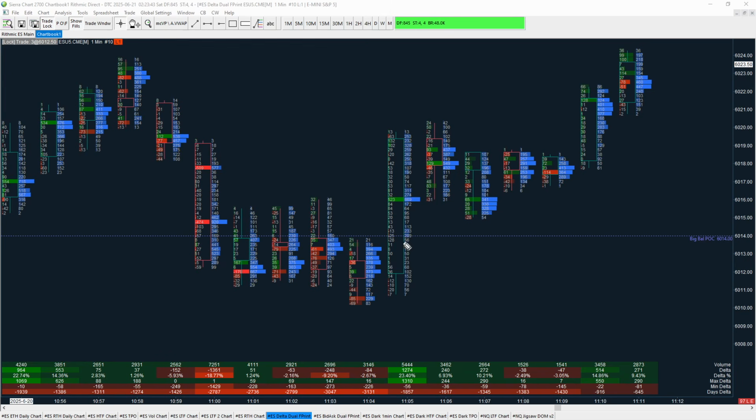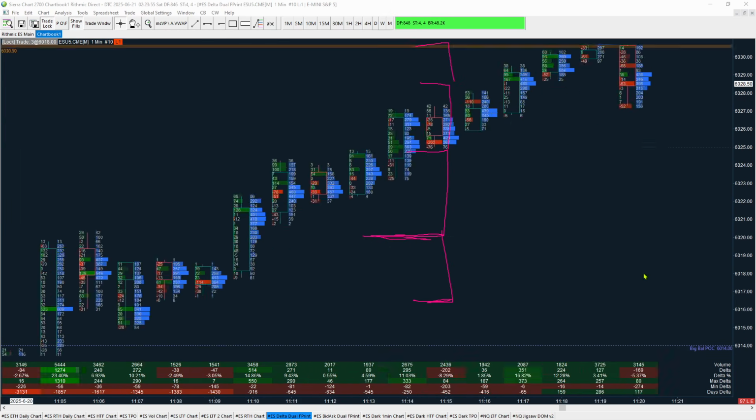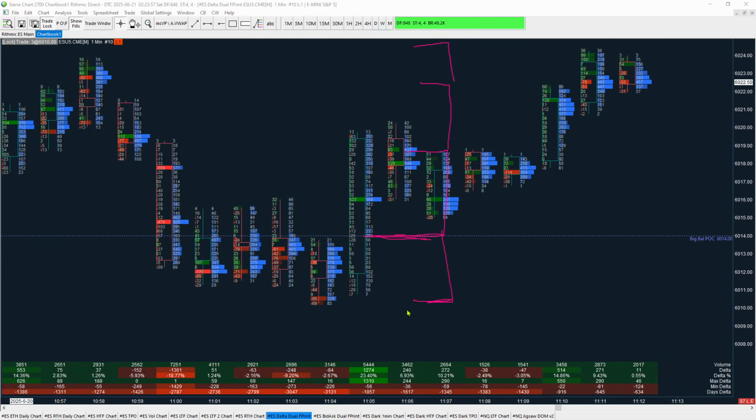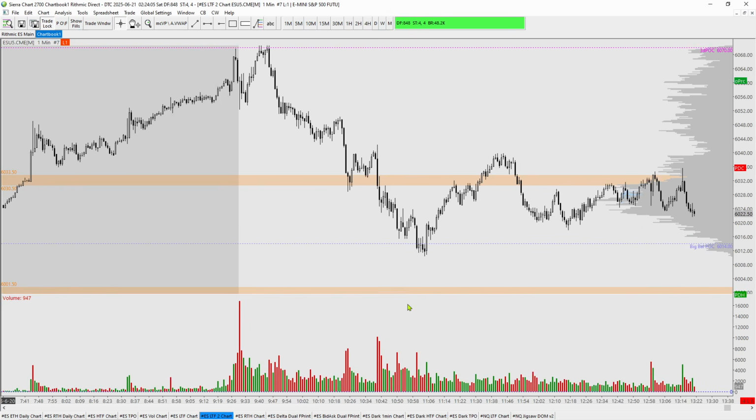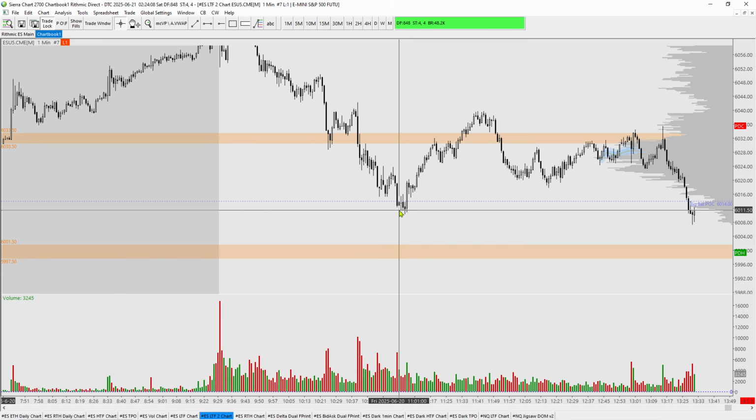So let's say you take it long here at 14. Stop is new low of day. Just doing rough math here. Like if we look at this on a candlestick chart, this is 11 a.m., 11 to 11:05. It's right there.